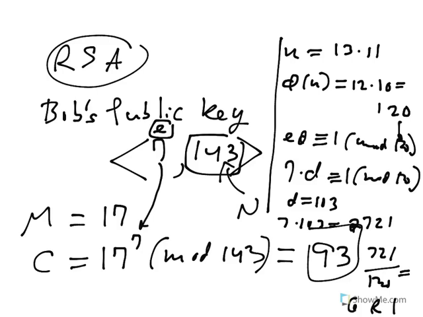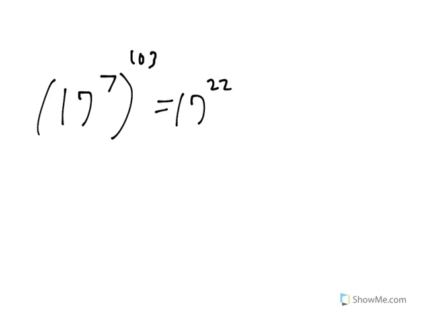Now, the reason why we do that is because if you take 17 to the 7th power, it becomes 93. If we raise that to the 103rd power, this becomes 17 to the 721. But 721 can be written as 6 times 120 plus 1.